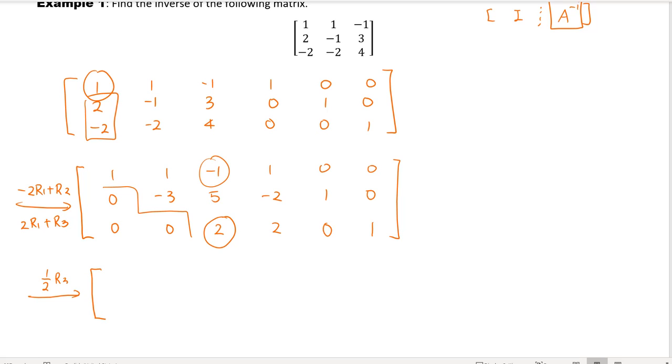Okay, so the first row stays the same, and the second row stays the same. Third row divided by 2.